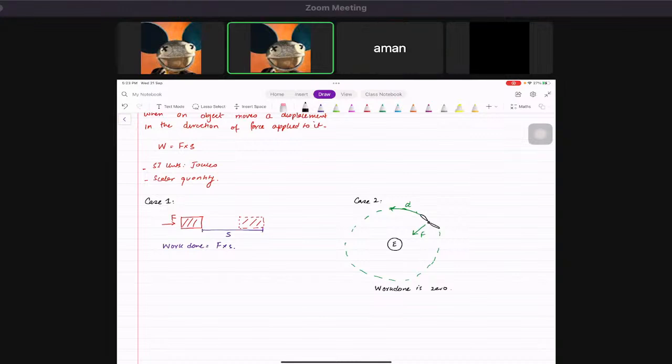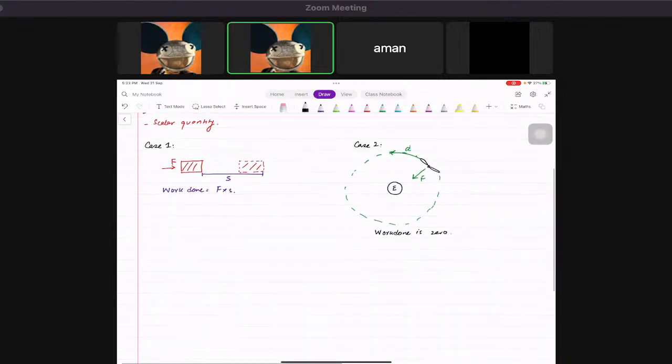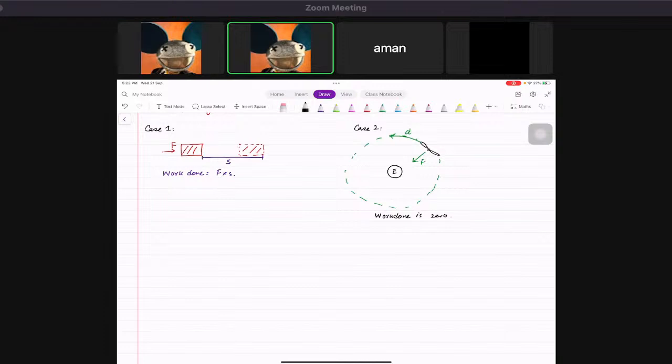So now, let's talk about case 3. So you have a slope angled at theta.